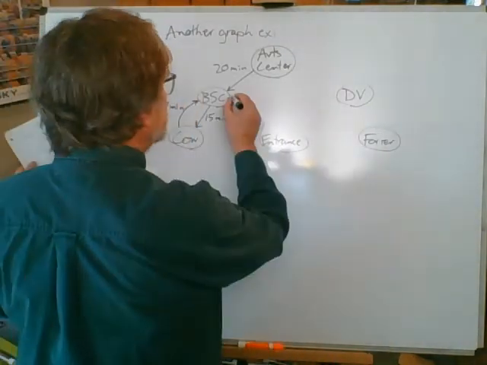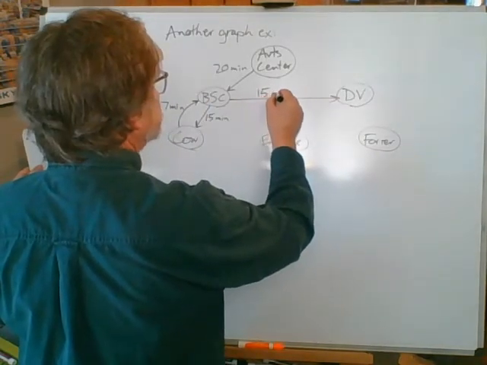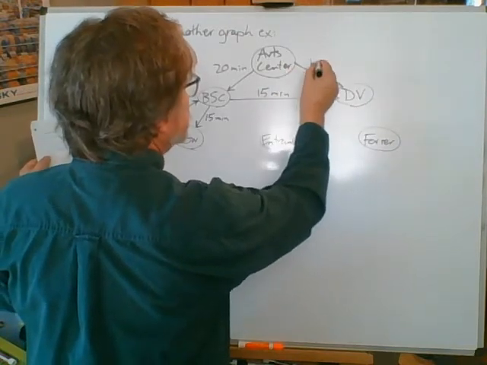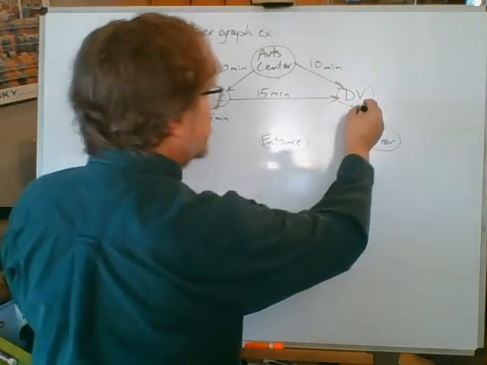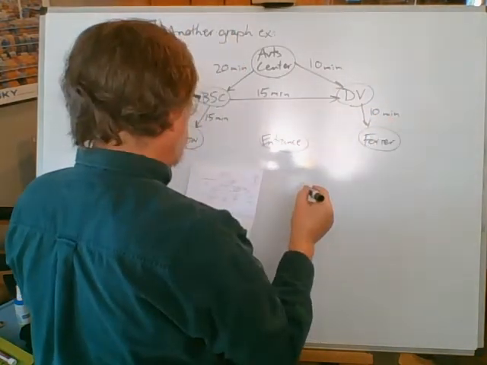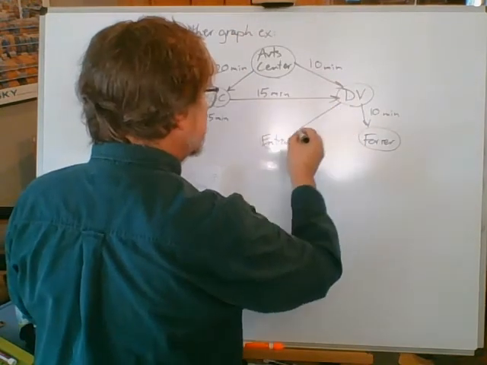Okay, what else we got? BSC to Dalton Voigt, 15 minutes. Arts Center to Dalton Voigt, 10 minutes. Dalton Voigt to Forer, 10 minutes. What's this? Dalton Voigt to entrance is 5 minutes.